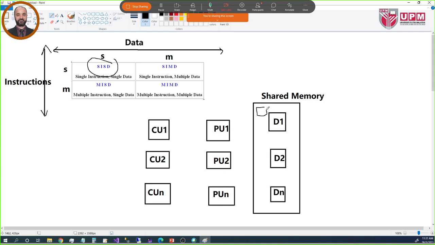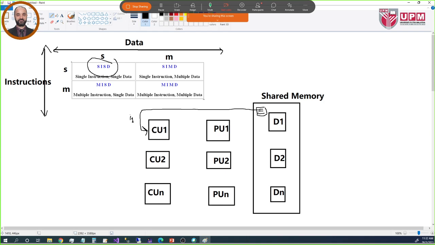This is a program, and this is all types of data available in the memory. The program has a lot of instructions, so control unit number 1 could take instruction number 1, so here we could use I1.